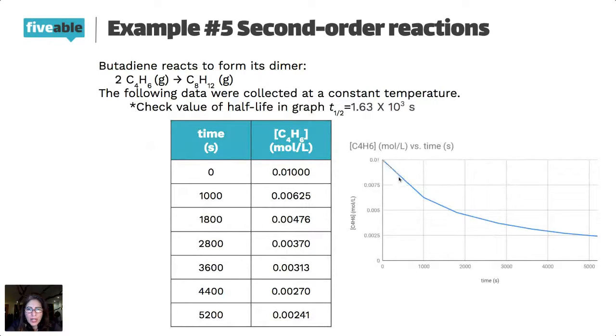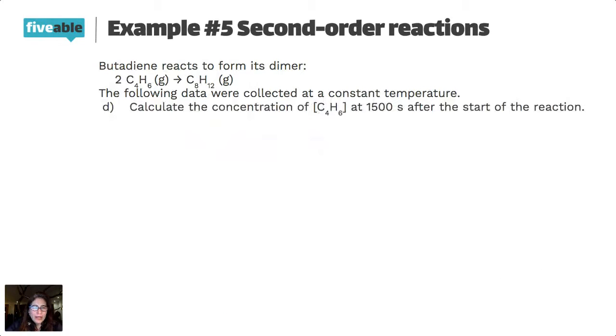So how much time it takes, it's here, and it makes sense, it is the same as 1.63 times 10 to the power of 3 seconds, so 1,600 seconds, more or less. So our answer makes sense. Any questions here?